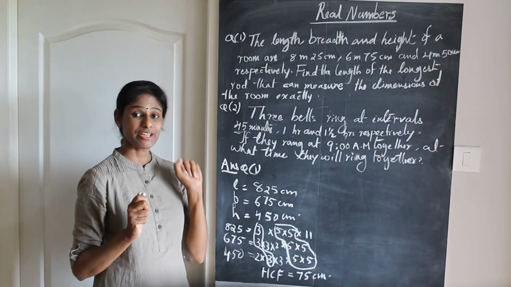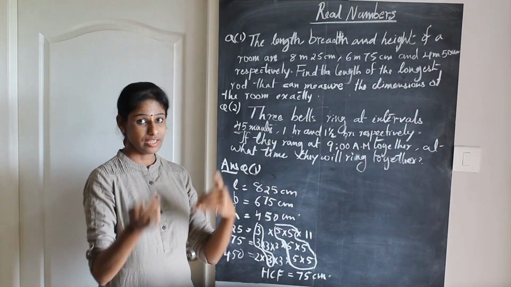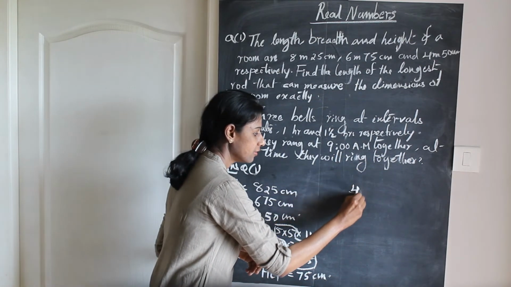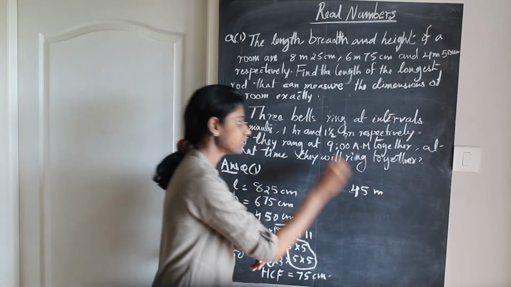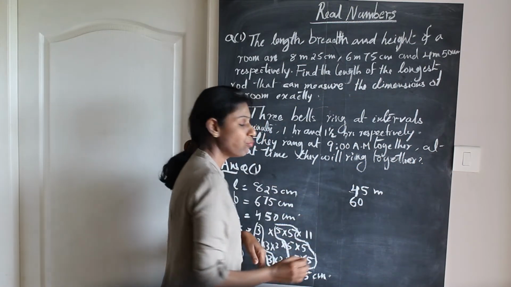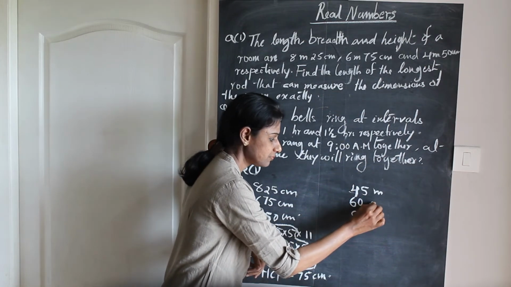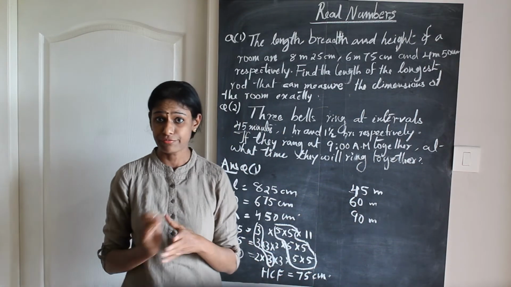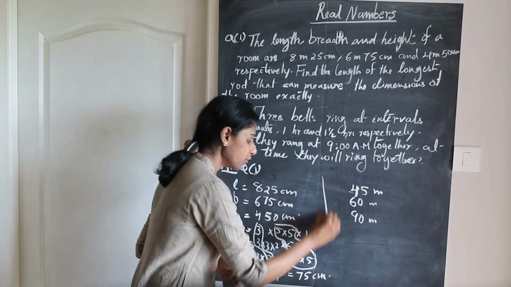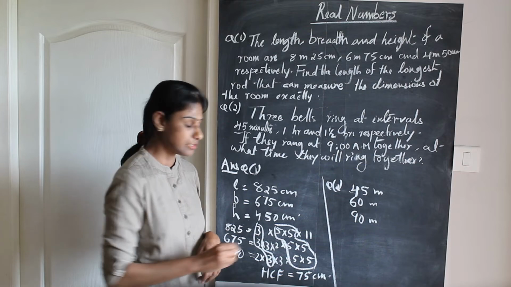So the times are 45 minutes, 1 hour, 1.5 hours. If we convert everything into minutes, it is 45 minutes, 1 hour means 60 minutes, and 1.5 hours means 90 minutes. And we need to find out the LCM of these 3 numbers. When we find the LCM, again you can use the prime factorization method.